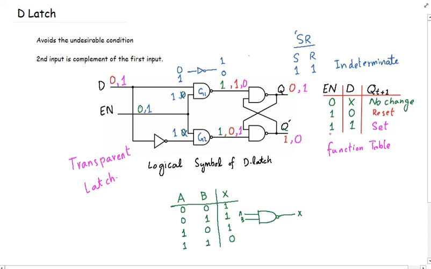Similarly, if enable is equal to 1, D is equal to 1, output will be equal to 1. So we can say that in a D latch, when enable is equal to 1, the data available at D will be transferred to output Q. If data is equal to 0, output Q will be 0. If data is equal to 1, output Q will be equal to 1.